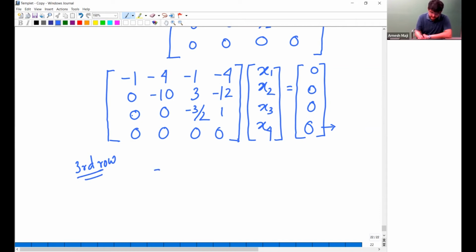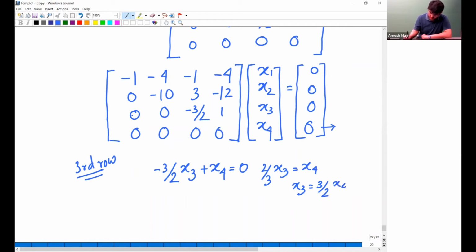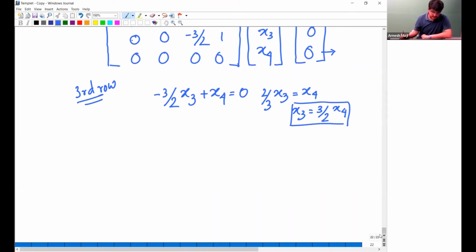That will give us x3 in terms of x4. So x3 will be 3 by 2 into x4. We'll just make a box around it because we'll need it later on.